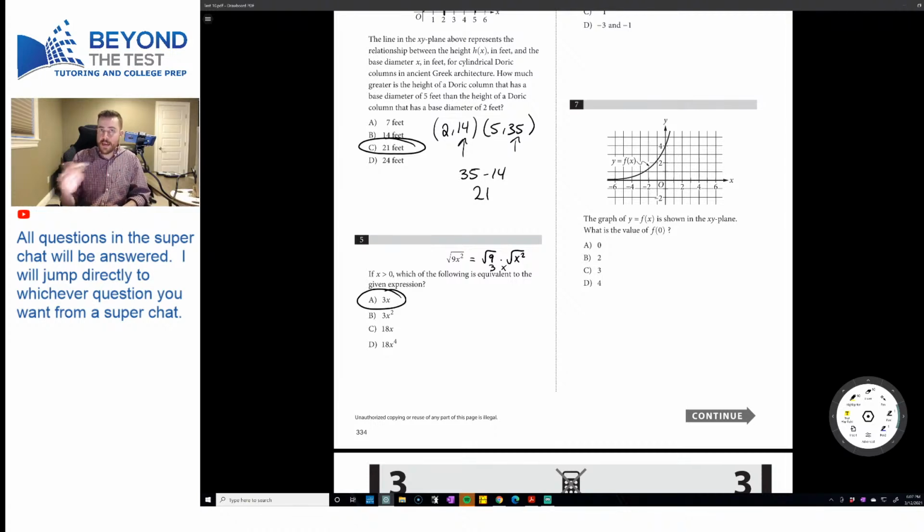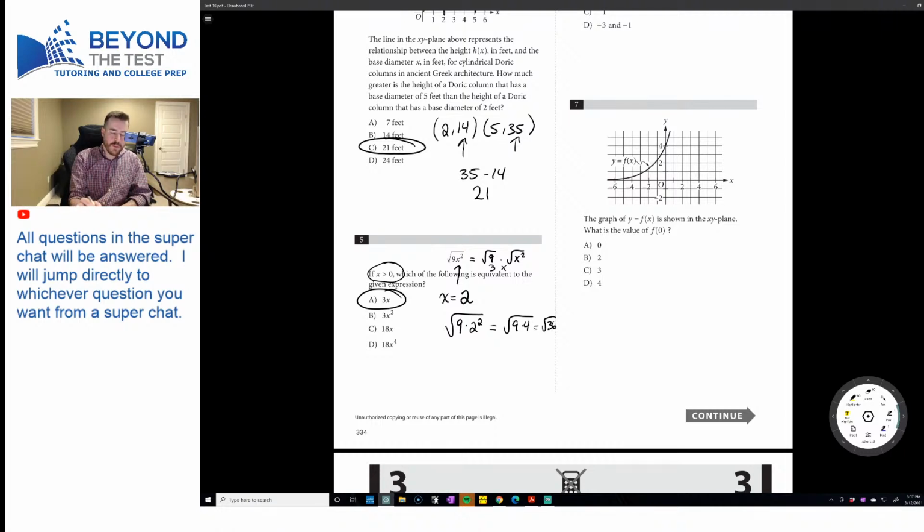But again, if you had trouble with this or you weren't 100% sure of that fact, you can always substitute in. So if it says x is a number that's greater than 0, sub in a value for x. Why don't I say like x is 2 here? If I put that into my expression, this would become the square root of 9 times 2 squared, which would be the same thing as the square root of 9 times 4, or the square root of 36.